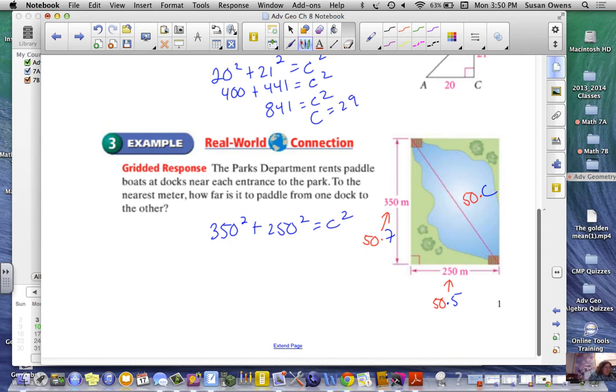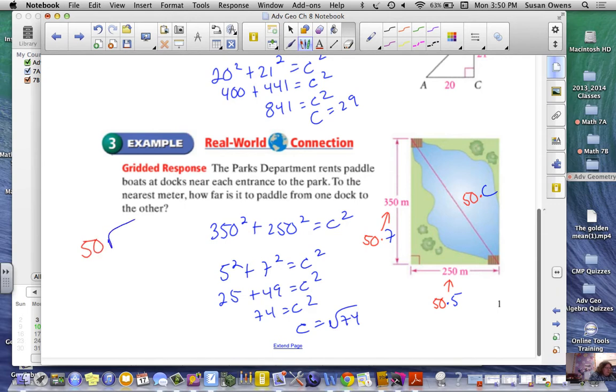So I can do 5 squared plus 7 squared equals c squared. 25 plus 49 equals c squared. Add those together, 74 equals c squared, c equals root 74. And now I just have to remember that my answer is 50 times that. So my answer is 50 root 74. Okay.